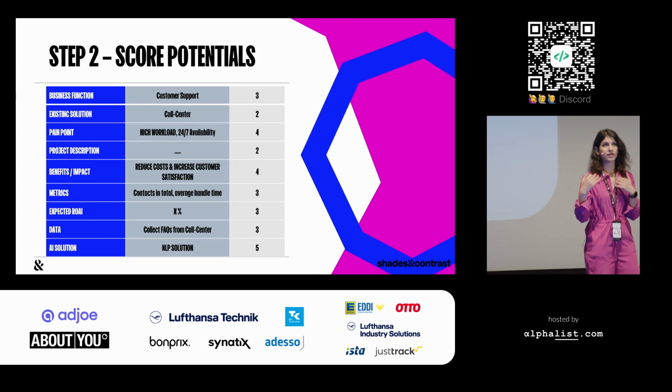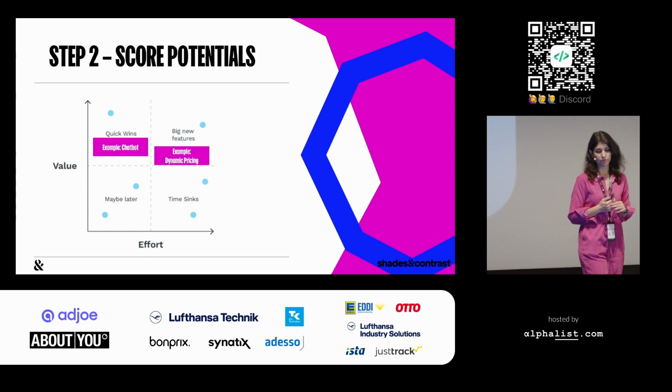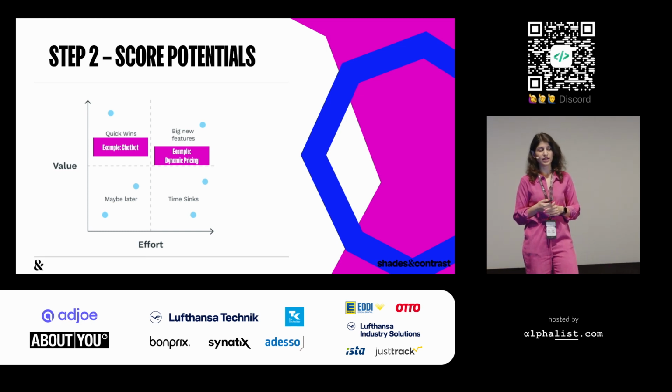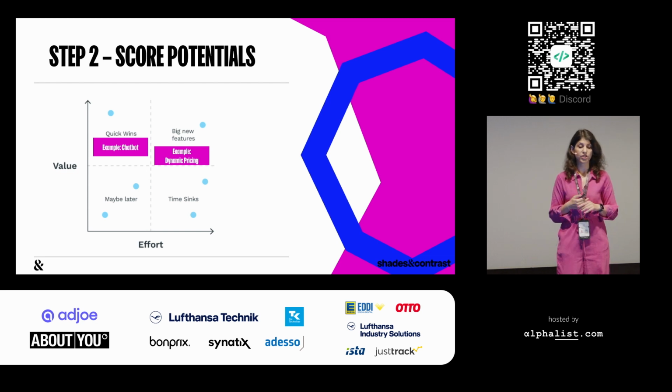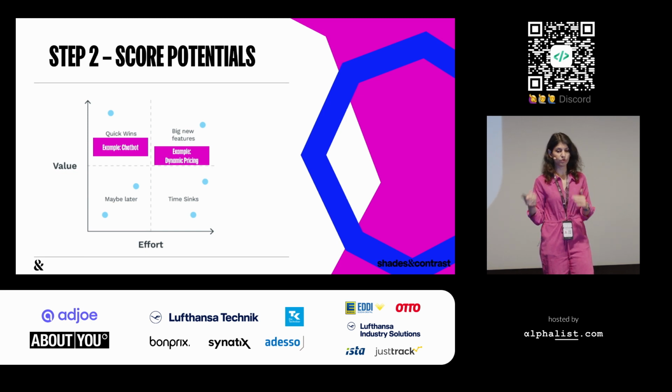You rate it, so I like to score that idea, and then in the end, and that's actually the point, you compare that with your other ideas. So dynamic pricing is compared with the chatbot, and then you see, okay, dynamic pricing is a lot of effort and maybe less value to the customers. Customers will have more value from the chatbot, so you can go with the best solution for you and the customers.